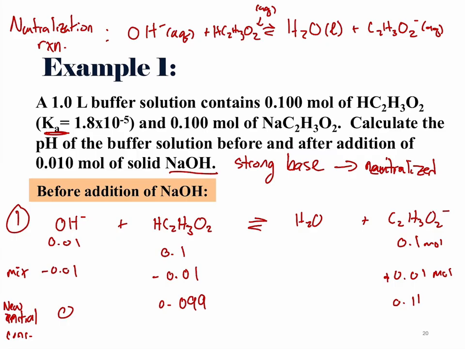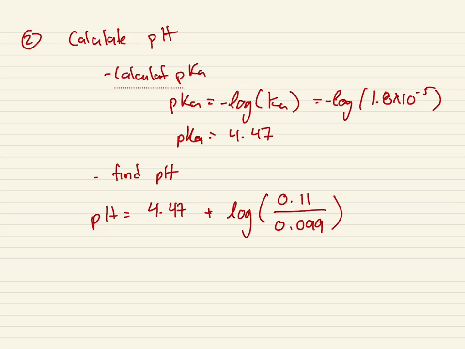Right? The pKa gives us the starting point for the buffer region. So if we add base to that, do you expect the pH to go up or down? Up, right? Because basic solutions are higher pH. Which means that if we look at our Henderson-Hasselbalch equation, this ratio should be larger than 1 because we should add a positive number to that, right?